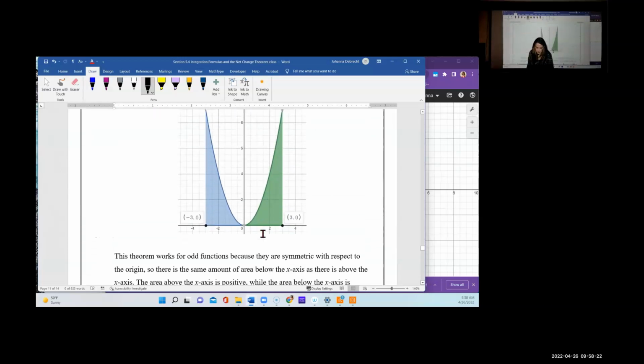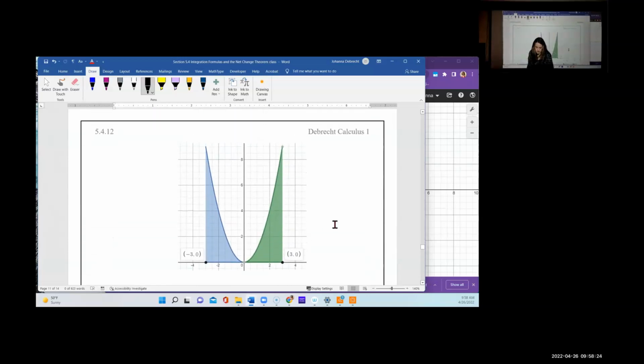Let's take a look at this one right here. Here's a graph of an even function. I know it's an even function because it's y-axis symmetric. So I could integrate from -3 to 3, or I could integrate from 0 to 3 and double it. Could I integrate from -3 to 0 and double that? Yes, I could. It's the same amount of area.